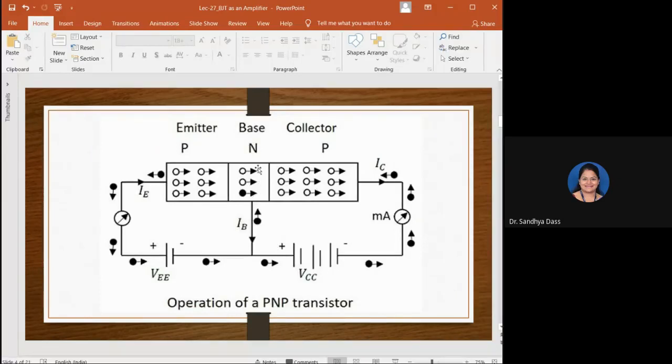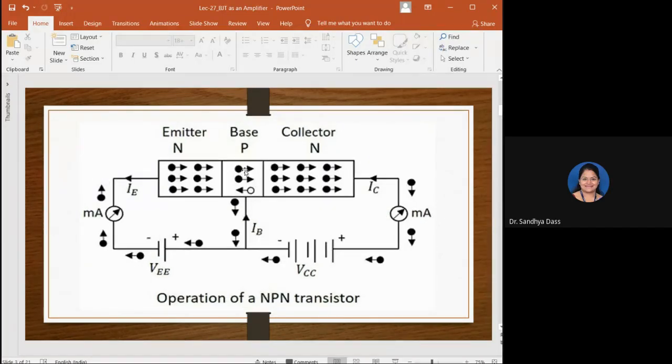The center part, the base, is a very thin layer and lightly doped, whereas the emitter and the collector are heavily doped, where the emitter is comparatively more heavily doped than the collector.